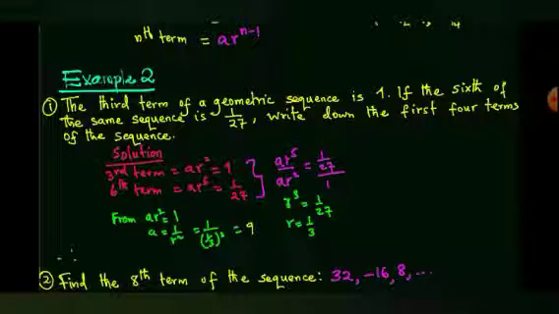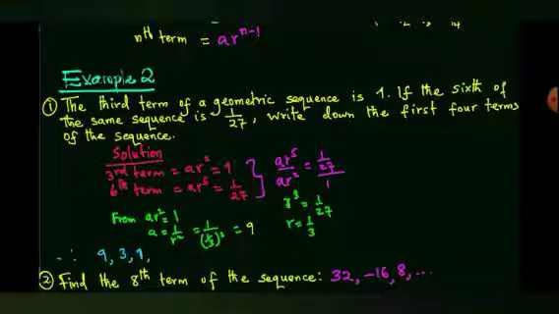the first 4 terms are 9, then AR, that is 9 times a third, which is 3, then AR squared, that's 9 times a third squared, which is 1.